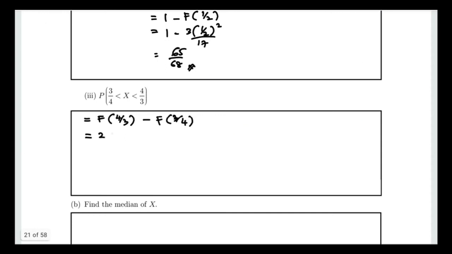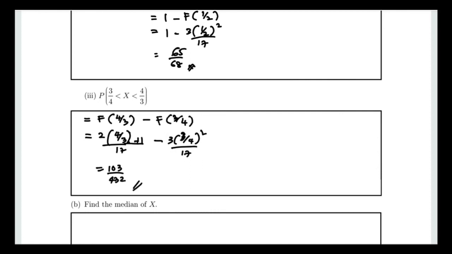Here it should be 2 times (4/3) cubed over 17 plus 1, minus 3 times (3/4) squared over 17. So then you get 103/432.